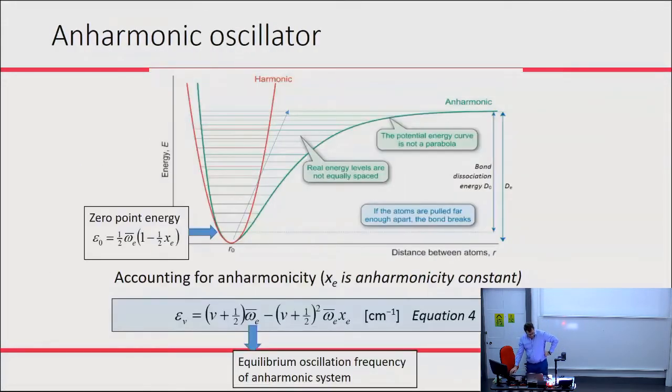I'm just going to write this equation out again on the dot-com: v plus a half times omega bar e, minus v plus a half squared times omega bar e x_e. Let me just switch to the dot-com for a moment now.